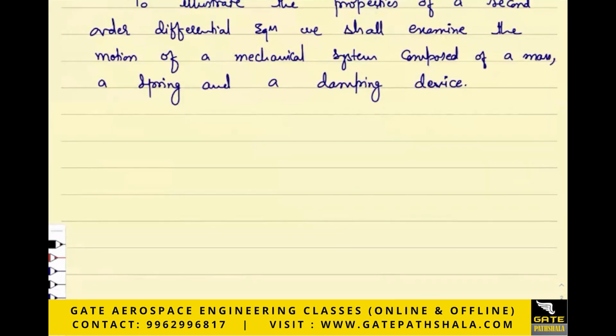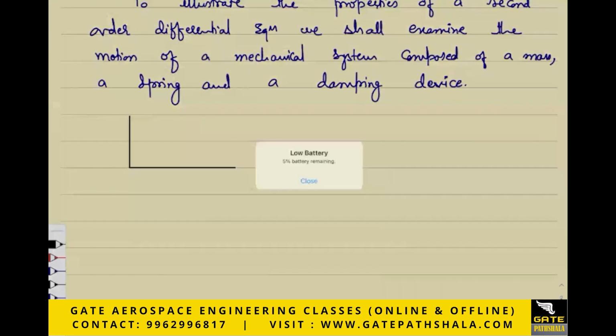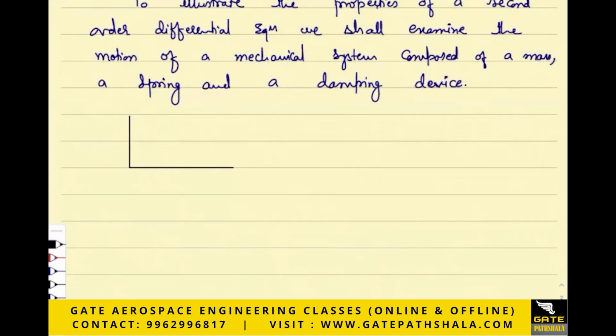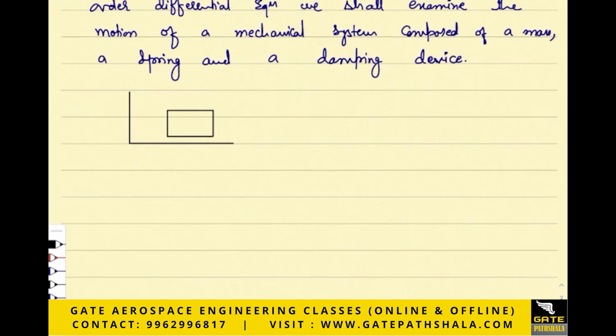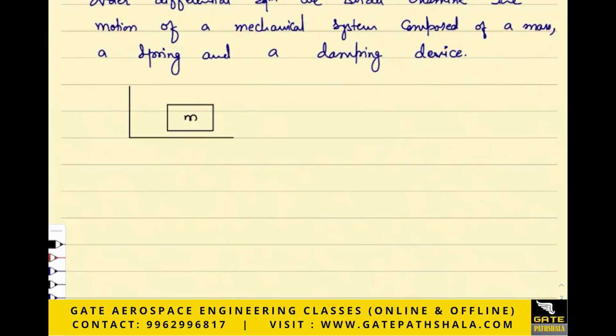Now you take a mass M, which is free to roll on this. Don't consider the friction of this.